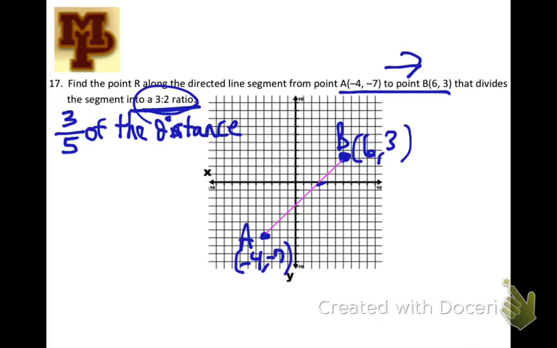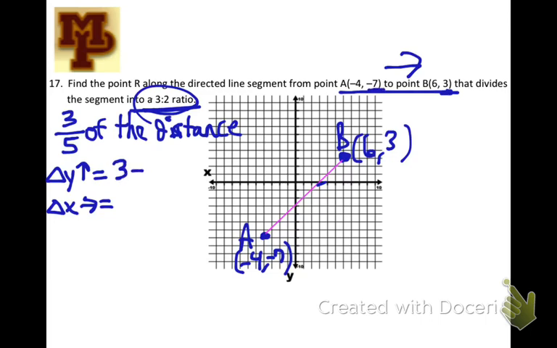So what I do is I do the change in y, and that means the part you're going up. The rise is what that is. And then change in x, that's the run. So change in y, the way you figure that out is you take the y coordinates. So if you're going from A to B, you have to subtract the y coordinates. So you take your 3 and you subtract your -7.